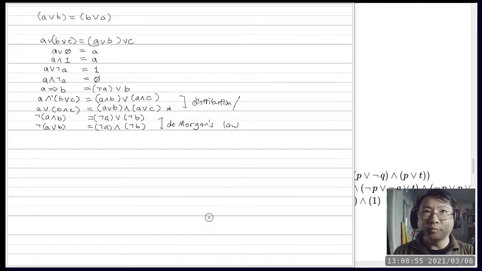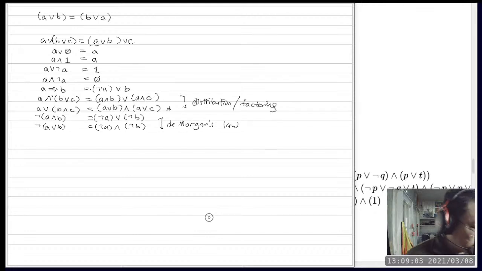From right to left, they're known as simplification or factoring. And then these four, you can kind of lump all of these as some kind of identity rule.